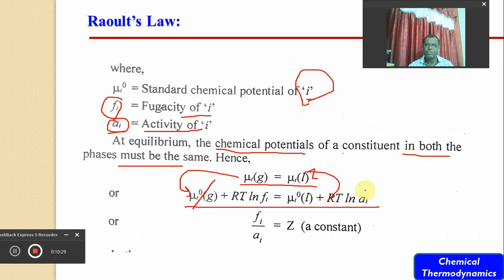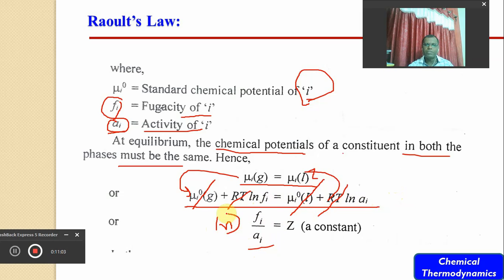So this quantity is equal to this quantity, so that will get cancelled here. And RT is on both sides, so RT divided by RT will also get cancelled because it is the common term. In that, only ln of Fi is equal to ln of AI, meaning ln Fi minus ln AI, that is, log A minus log B, which can be simplified as log of A upon B. That's why we get ln of Fi upon AI.